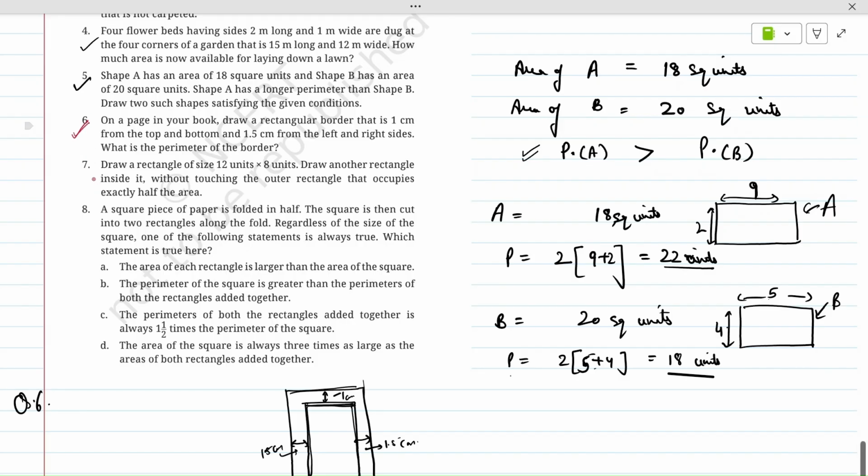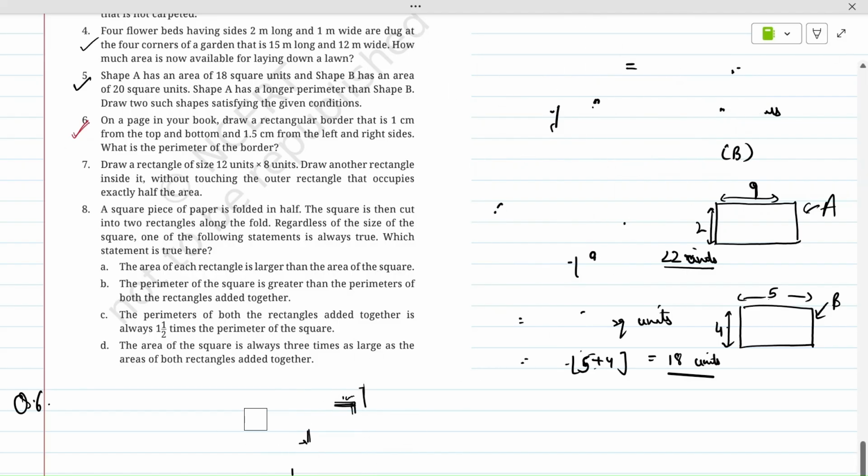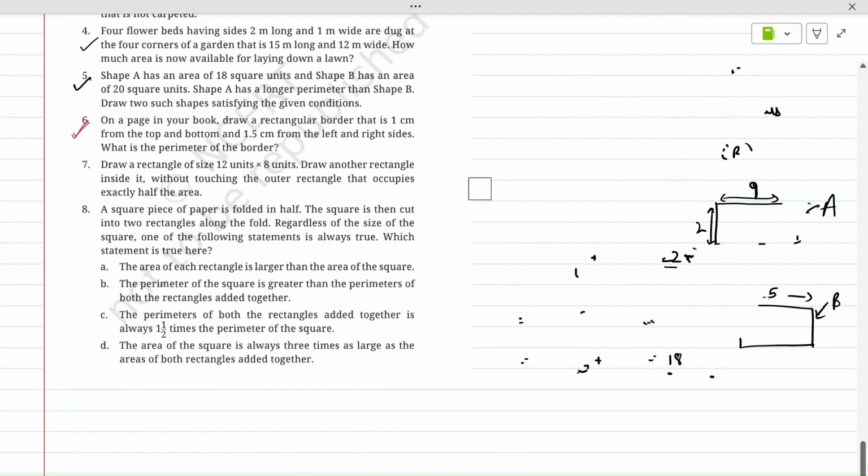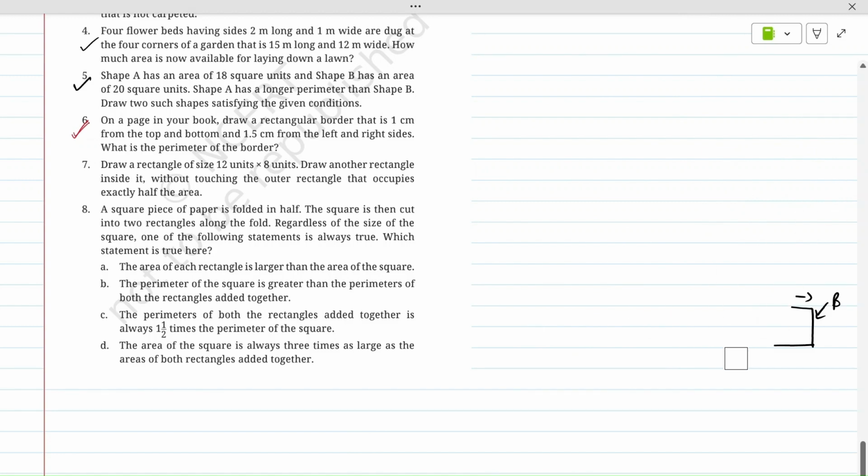This is very easy. Next question, draw a rectangle of size 12 units into 8 units and then draw another rectangle inside it. So we have to draw two rectangles. Dimension of the first is given to us, 12 into 8 units, and then another rectangle inside it in a way without touching the outer rectangle that occupies exactly half the area.